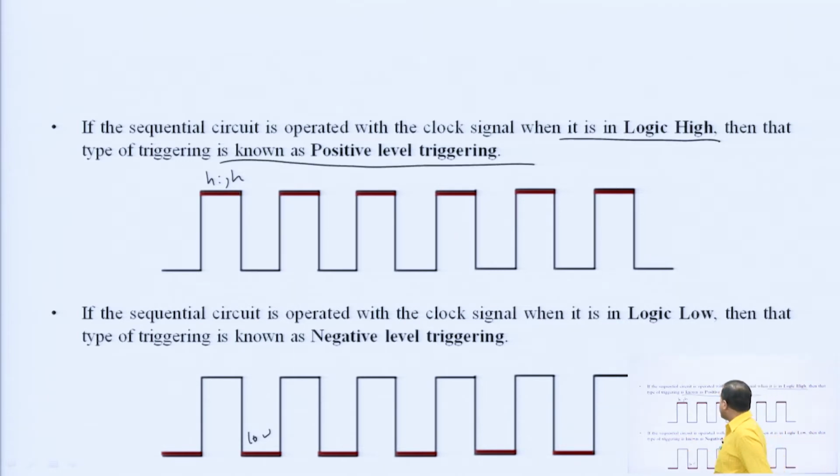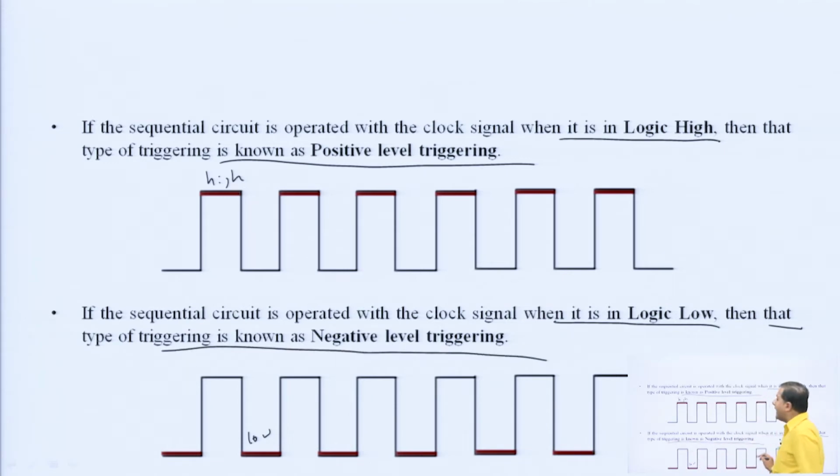Next, if the sequential circuit is operated with the clock signal when it is logic low, then that type of triggering is known as negative level triggering. See here the low level, already I have highlighted. When the triggering is done for the high level it is called positive level triggering, and when it is for low level it is called negative level triggering or falling level triggering.